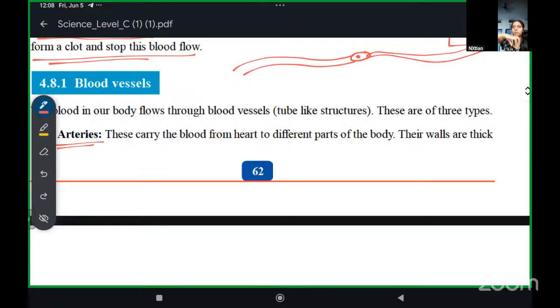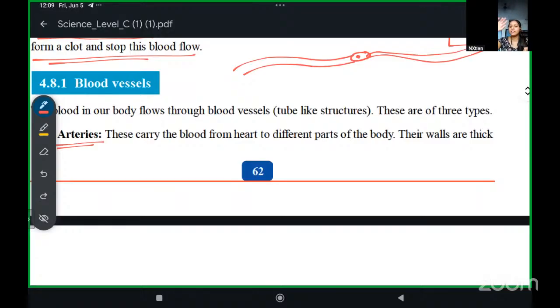our blood from the whole of the body goes to the heart, and then the heart pumps it back. It goes to the lungs, from the lungs to the heart, and then the heart pumps it back. You know this, right? The deoxygenated blood is collected from all our body and goes to the lungs. In the lungs, it is filled with oxygen. From there it goes to the heart, and from the heart it is pumped to all of the body.